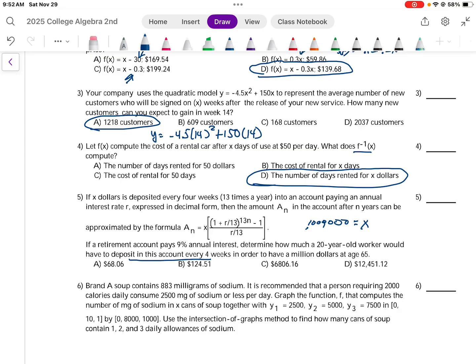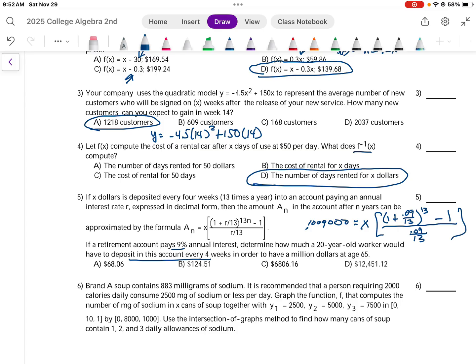And now we get to start putting in the rest of the formula. So 1 plus our rate, they said was 9%, so 0.09 divided by 13, raised to the 13. Now we've got to find the number n, and then minus 1, all that over 0.09 divided by 13.